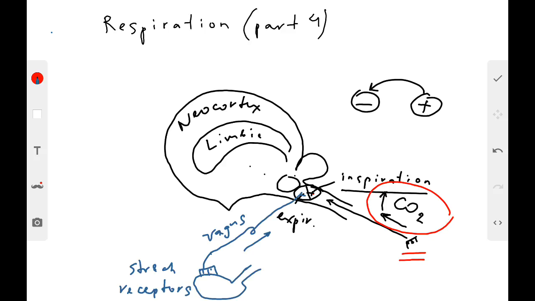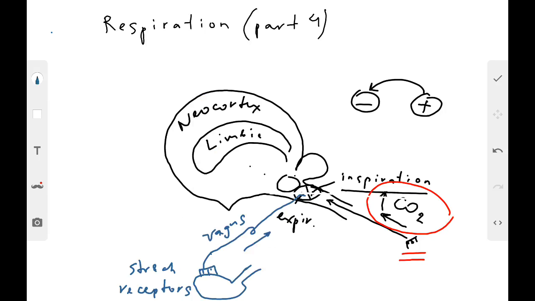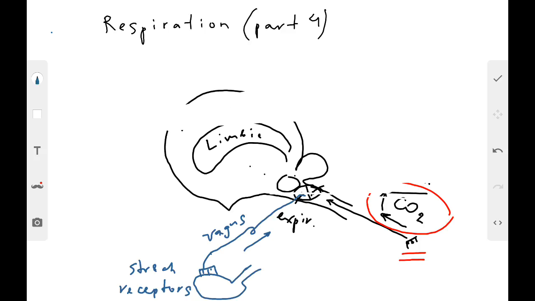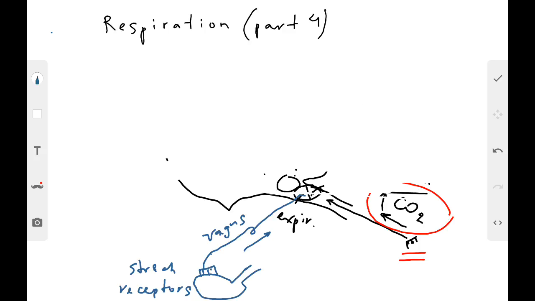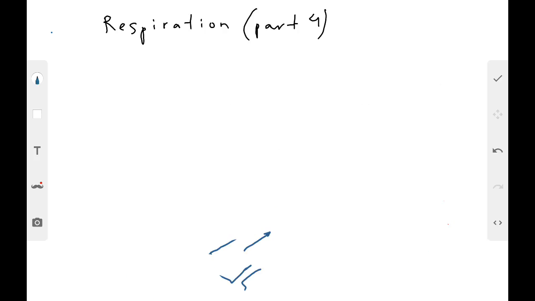And also we should speak now about the respiration in the changed conditions, in the conditions with high and low pressure. Okay, let's start with the low pressure.